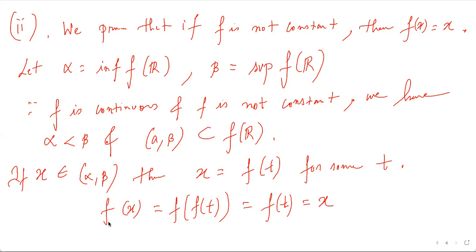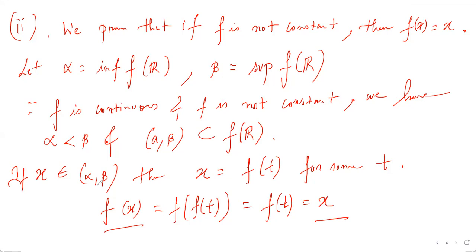So for x belonging to this open interval alpha beta, since x was arbitrary, we have proved that f of x is equal to x. But note that we still haven't proved it for all x in R. That is still left.